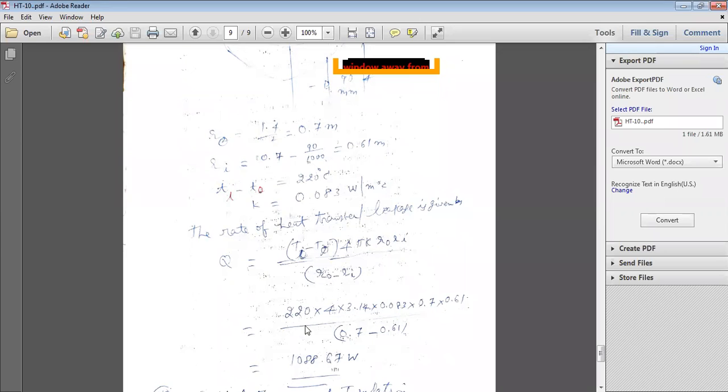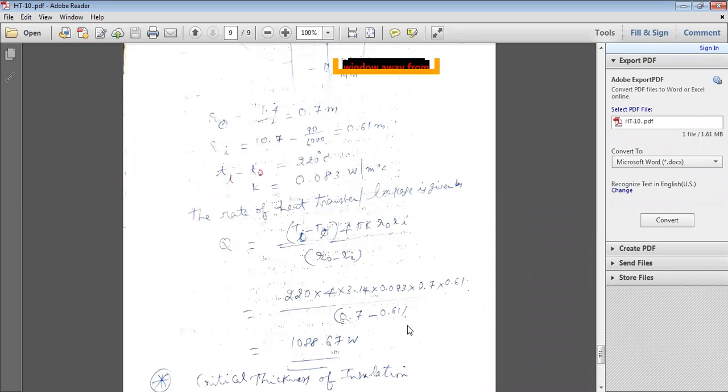So temperature difference given at 220, into 4 into pi value 3.14, into Ro, the outside radius 0.7, into Ri, the inside radius 0.61, divided by Ro minus Ri, 0.7 minus 0.61. Okay?